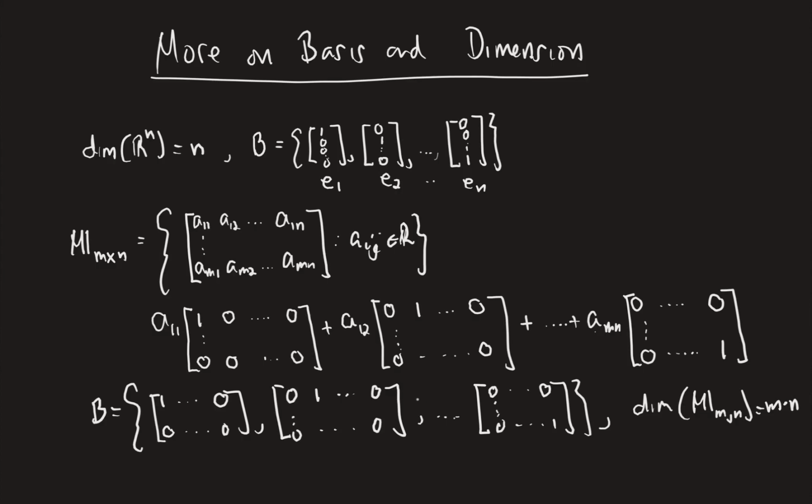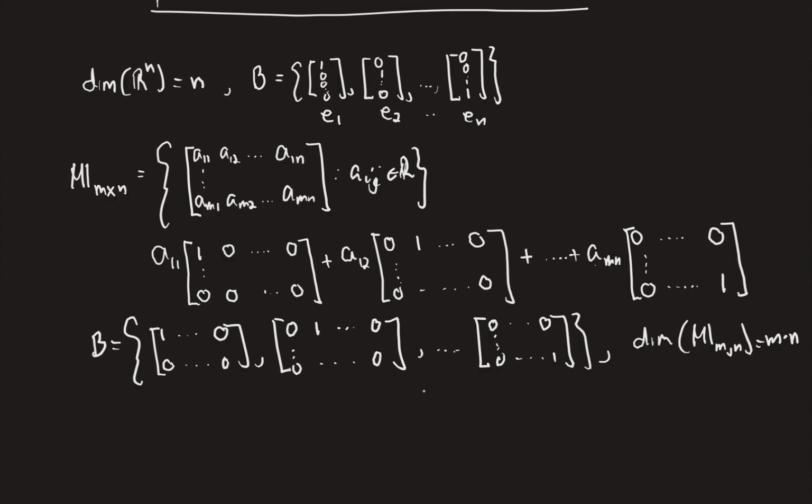And this is our standard basis. So it really gets messy with matrices because you have so many entries, and again, we're looking for this kind of standard, unique way of representing all of them as a linear combination. All right, so that's matrices. What about polynomials? What about our Pn?